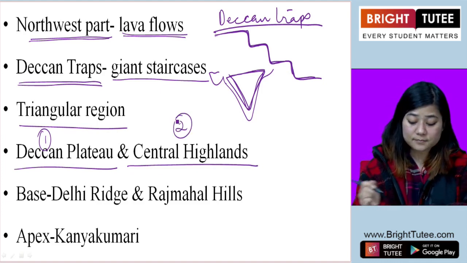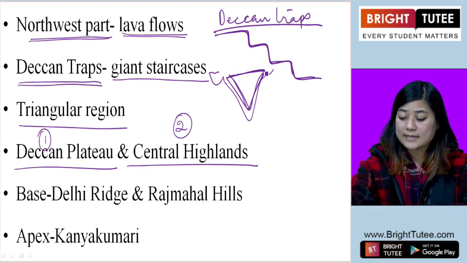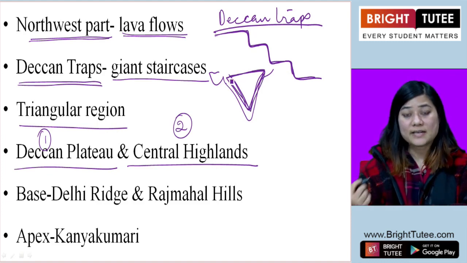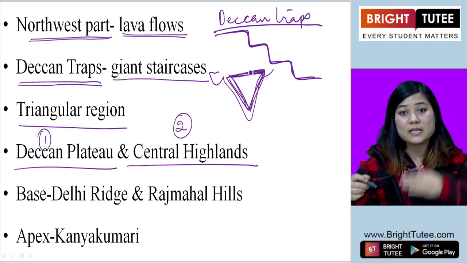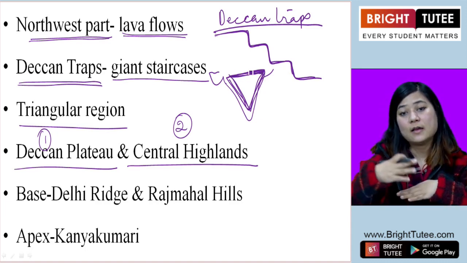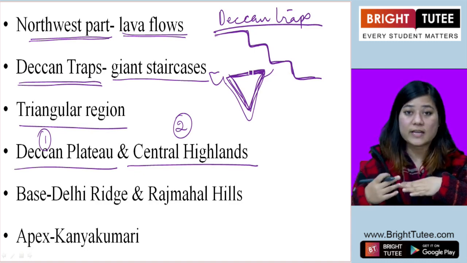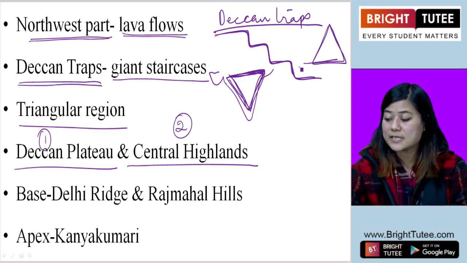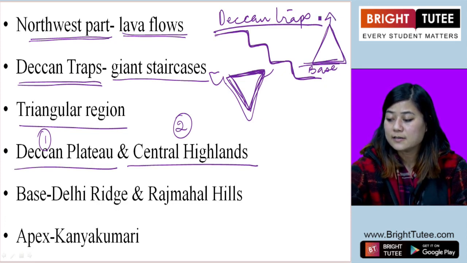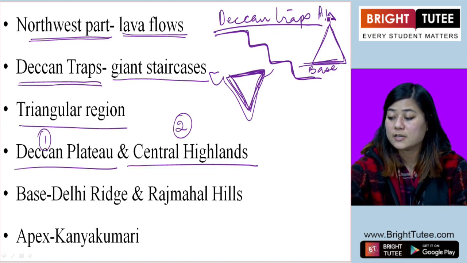Now, this entire region of the Peninsula Plateau has its base. The base means the end of that particular feature. Like for example, a mountain. When we say a mountain base, this is the base of the mountain, and the highest point is called the apex.